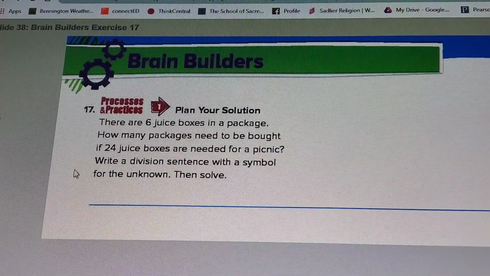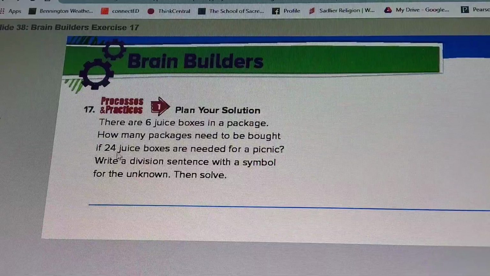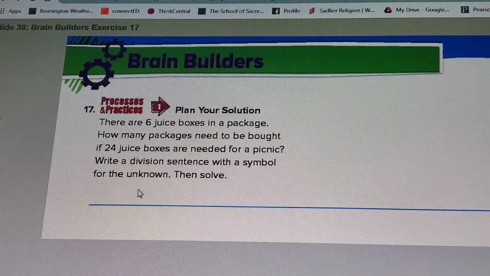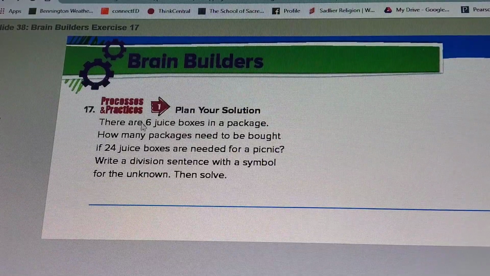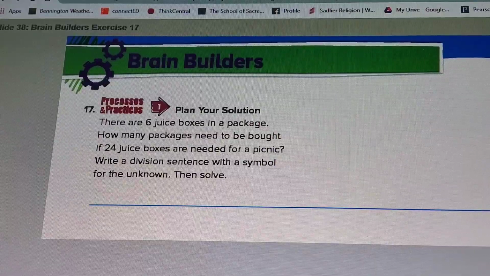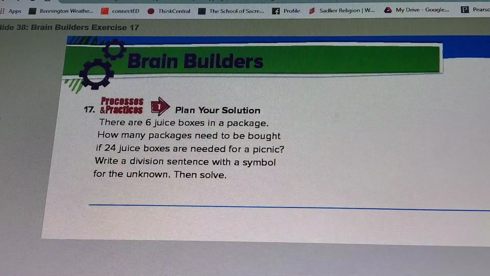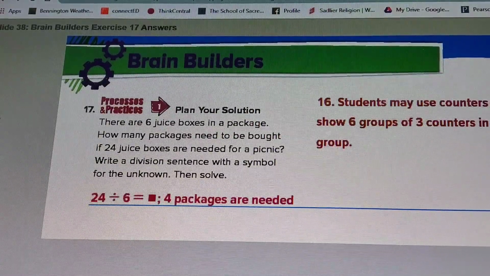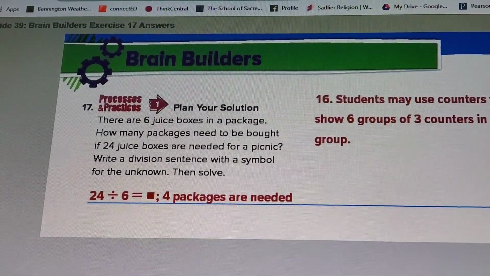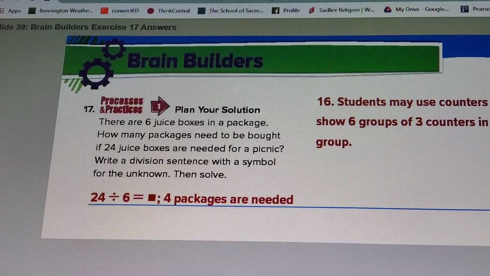Well, if we need 24, that's our first number, 24 divided by 6 equals unknown. You can use counters, you could draw dots, you could use your multiplication chart. 24 divided by 6 equals 4 packages are needed.